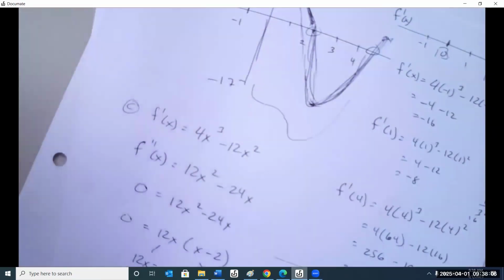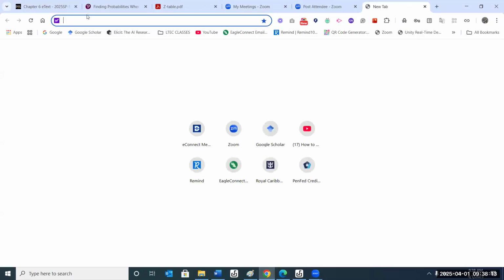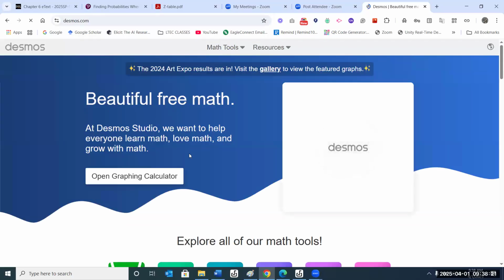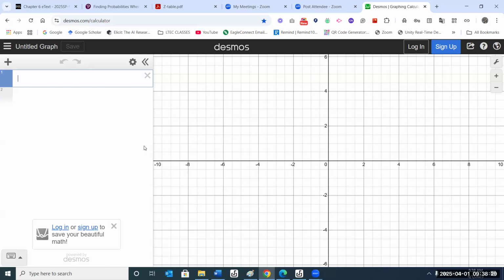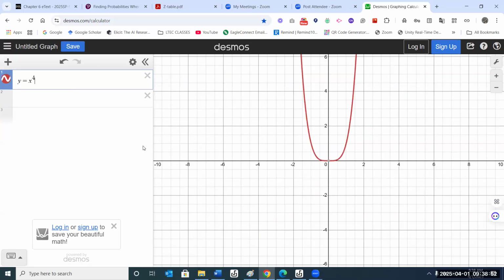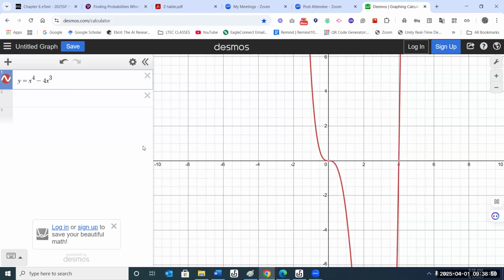Let's look at Desmos. y equals x to the fourth minus 4x cubed plus 10.